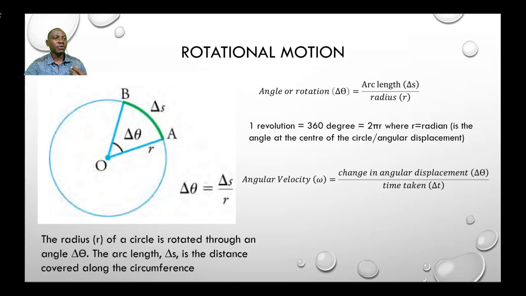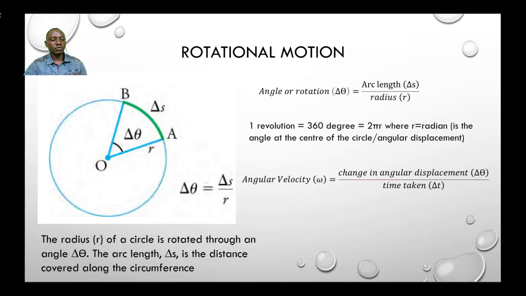Now, when solving problems involving rotational motion, we use variables that are similar to linear variables like distance, velocity, acceleration, and force. Whatever you can calculate in linear terms, you can also calculate in rotational motion. But the difference is that in rotational motion, they take into account the curvature of rotation. Here we define angle of rotation, which is the angular equivalent of distance, and angular velocity, which is the angular equivalent of linear velocity.